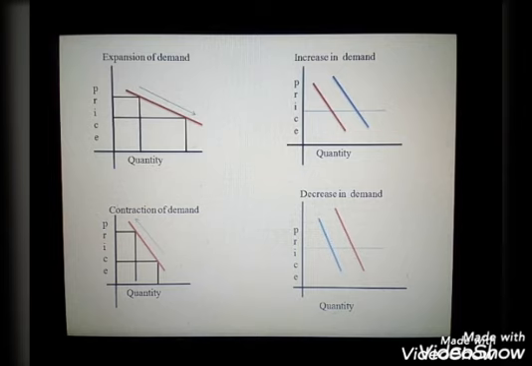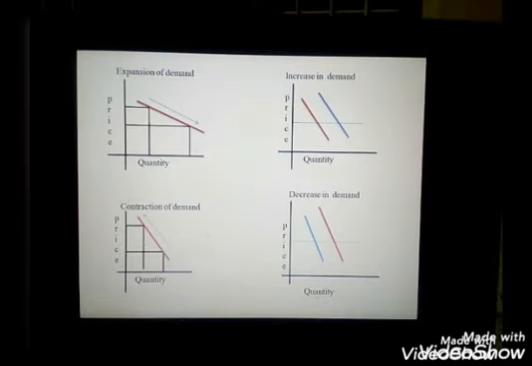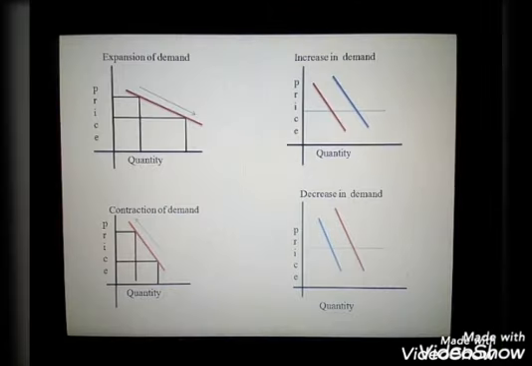Here we can see that the red line is the old demand curve and the blue line is the new demand curve, and you can see that the demand curve shifts towards the right, whereas in decrease in demand, the demand curve shifts towards the left due to unfavorable changes in the factors other than price. So this is how the diagram is.